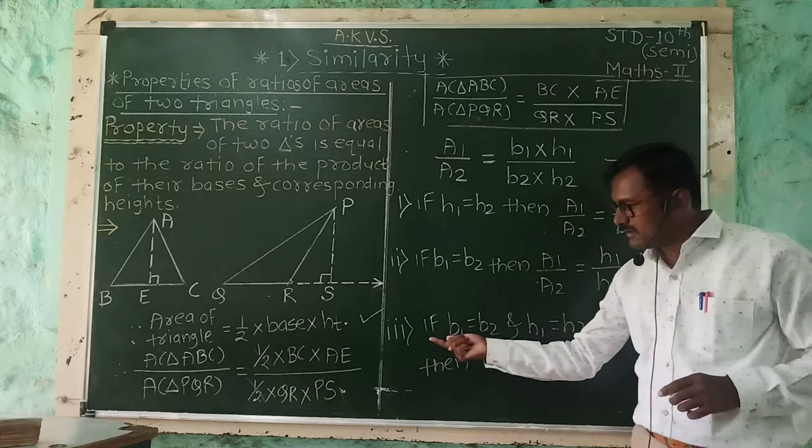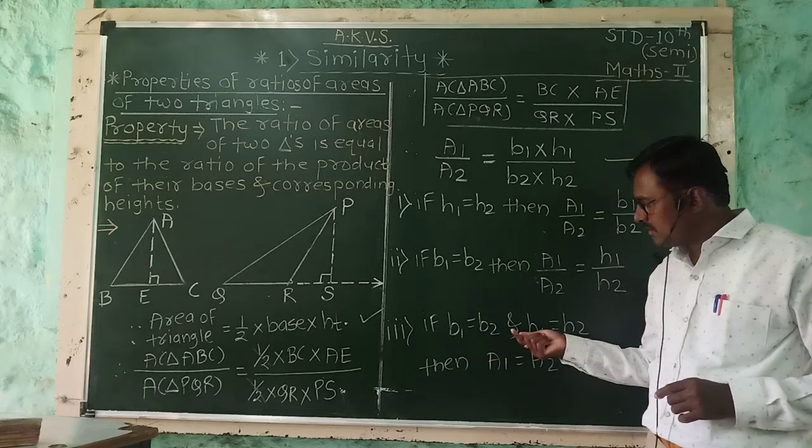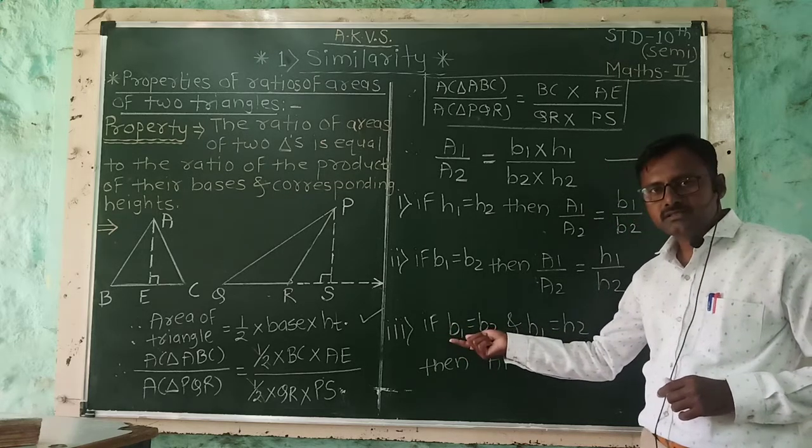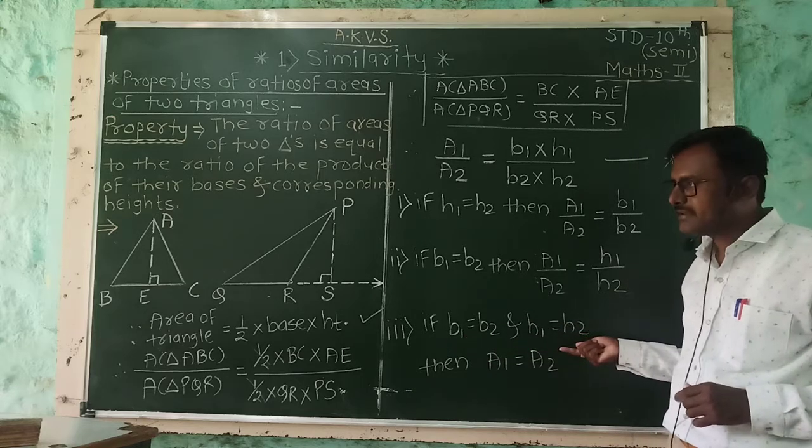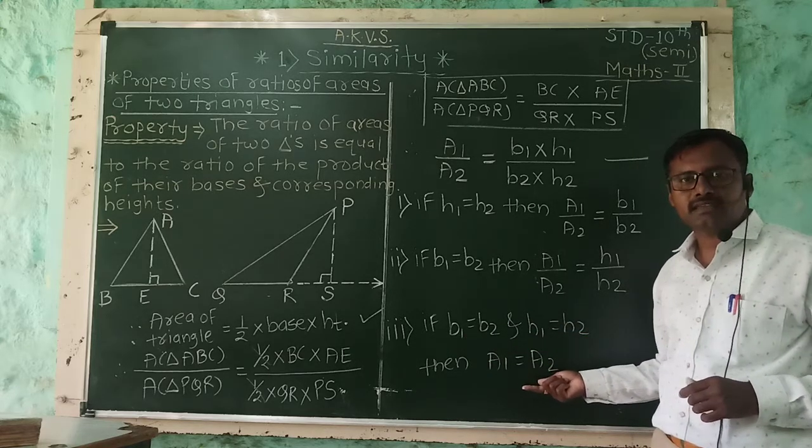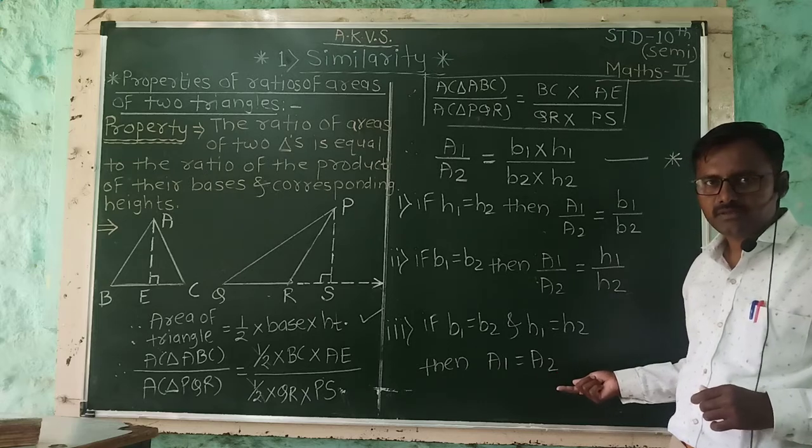So you can say in words, triangles with the same base and the same height are equal in area. Thank you, students.